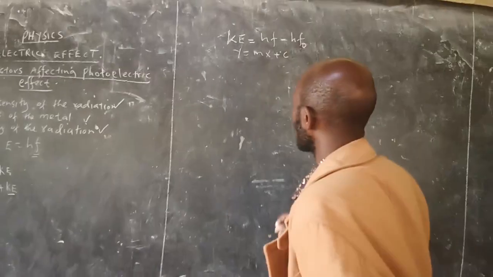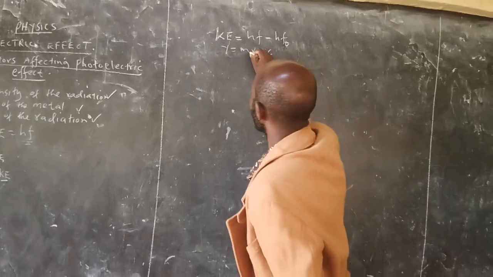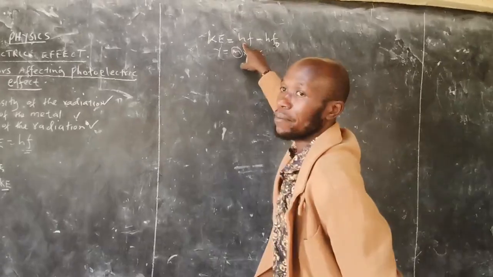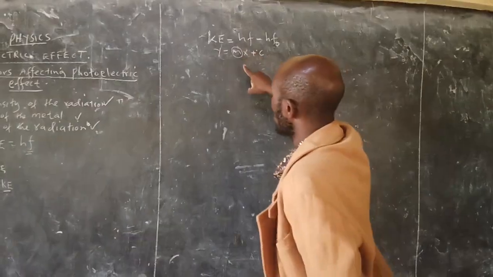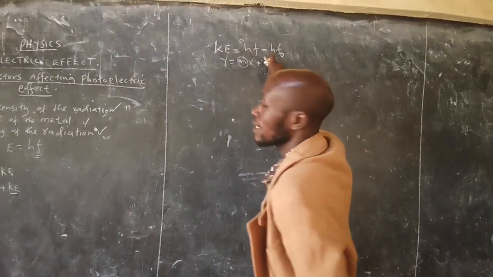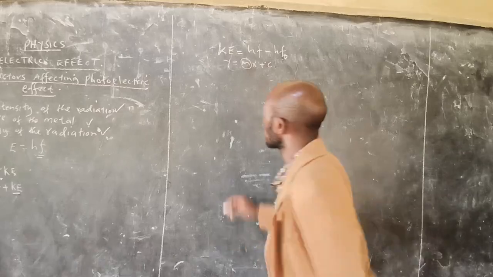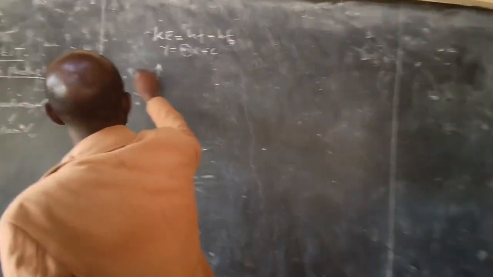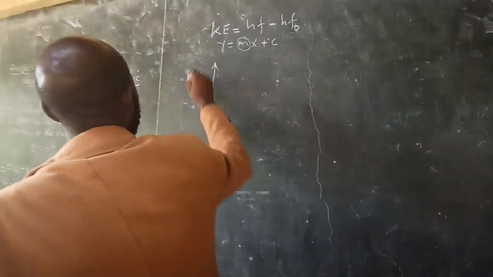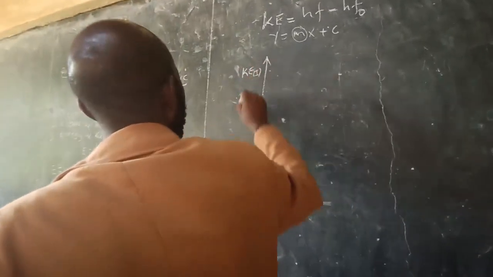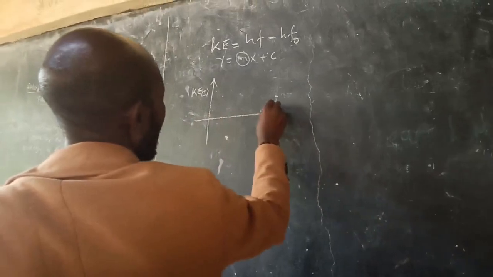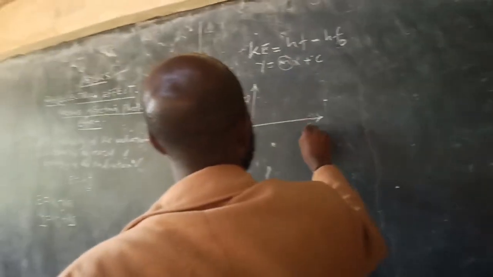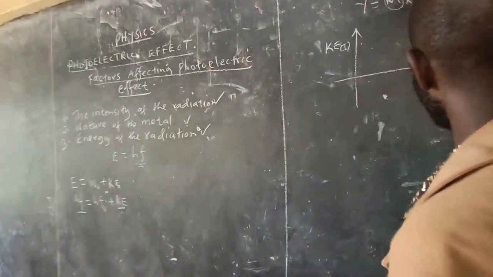Having said that, students, it means that the slope of that graph will be given by Planck's constant. Therefore, this is a straight line graph. It takes this measure where the vertical axis is the kinetic energy in joules, and the horizontal axis is the frequency in hertz.